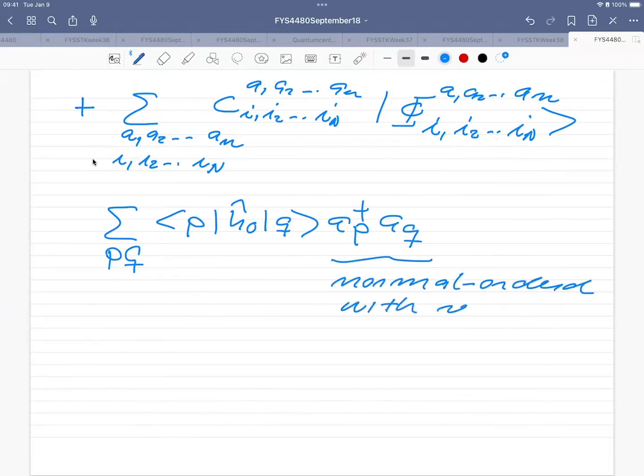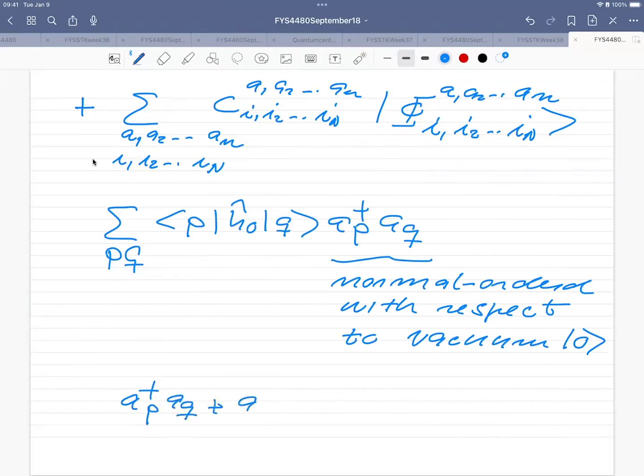It is ordered with respect to the vacuum state, the vacuum 0, all the states which we have. Now, the trick which I can do is simply to use my anti-commutation relation, a_Q a_P^†, and we know that that one is equal to delta_PQ.